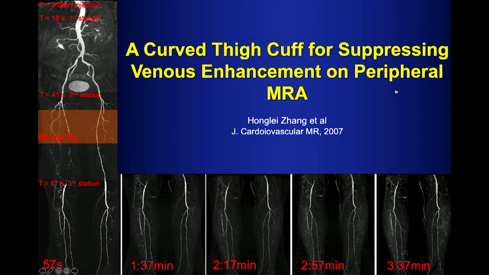Here's just an example where the 60 millimeters of mercury is applied in the thighs, and the third calf station was repeated multiple times. And in this patient, you could see how long these cuffs can maintain an arterial phase in the calf station so that the bolus timing is easy to achieve.